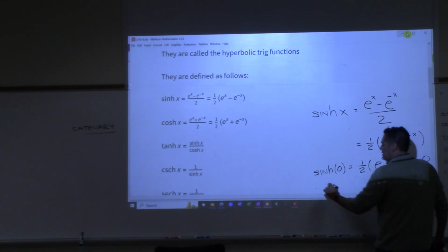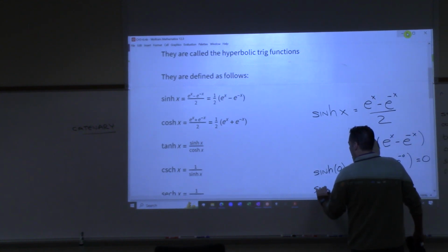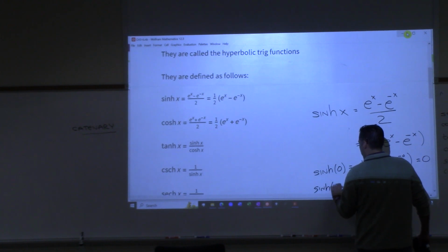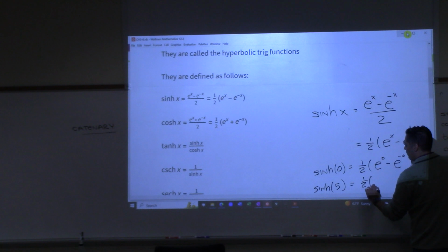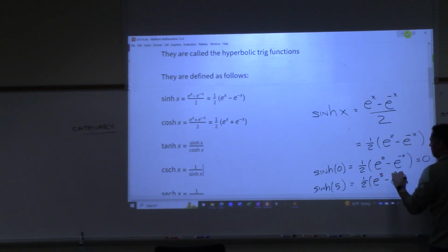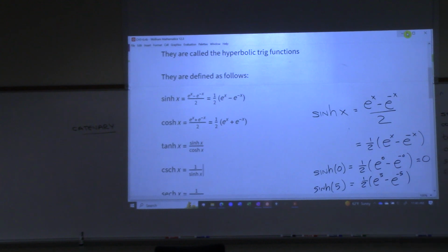All right, what if I did sine hyperbolic of 5? It would be 1/2 e to the 5th minus e to the negative 5. Now I need a calculator, because e to the 5th is a weird number.